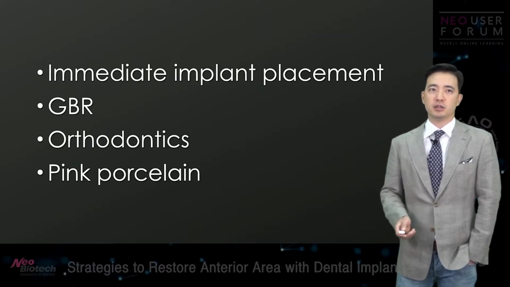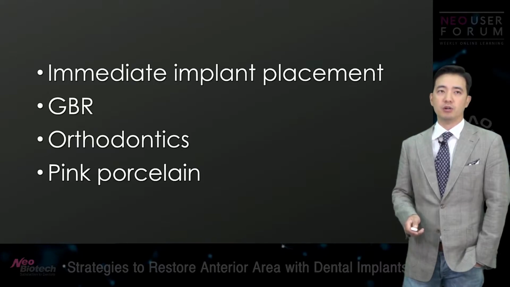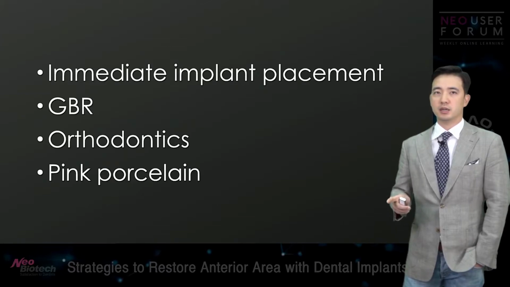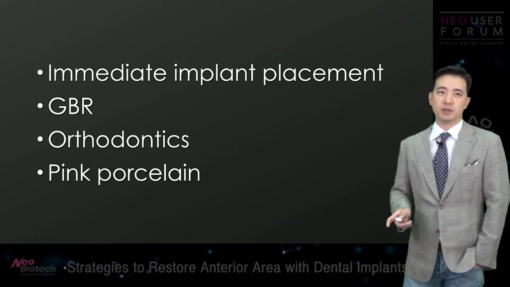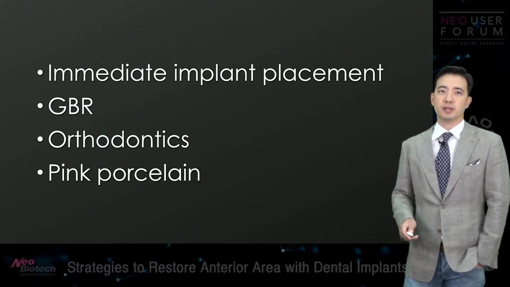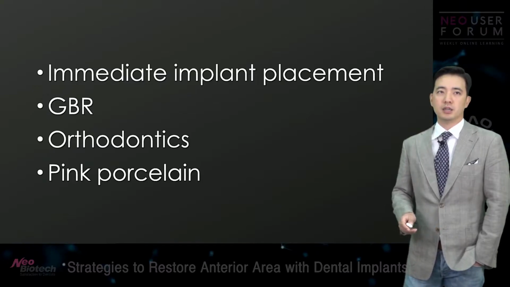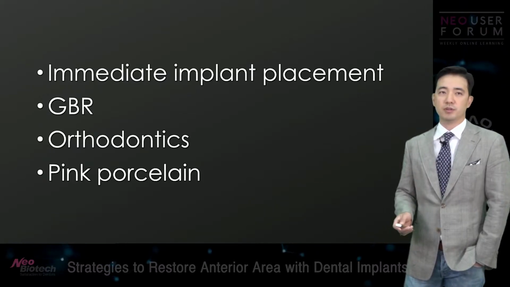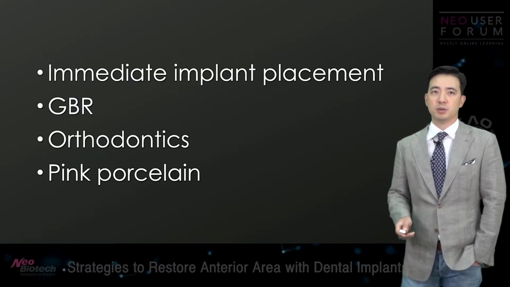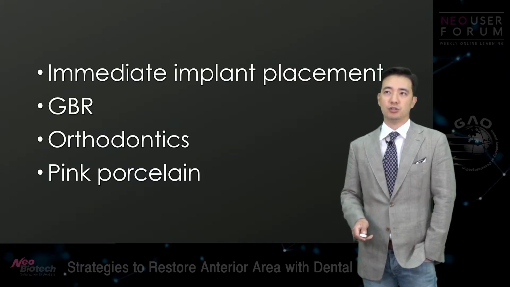Okay, so just like we talked about last time, we can always consider immediate implant placement to minimize resorption of the bone, for example, or recession of the soft tissue. But it's just not always the case, because even if you want to place an immediate implant, a lot of times patients don't have bone and you're going to end up needing GBRs and so on.